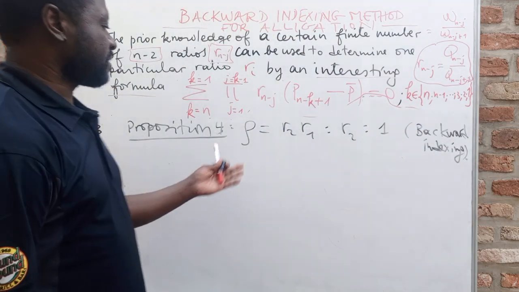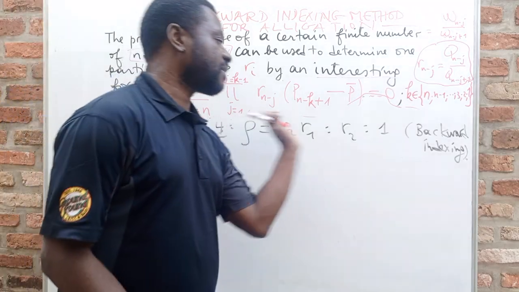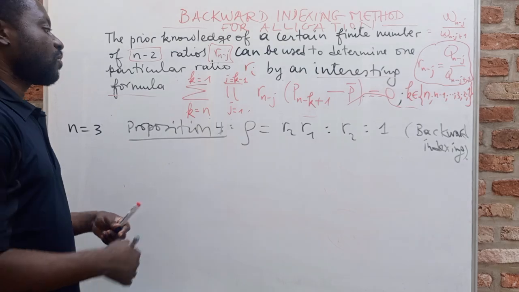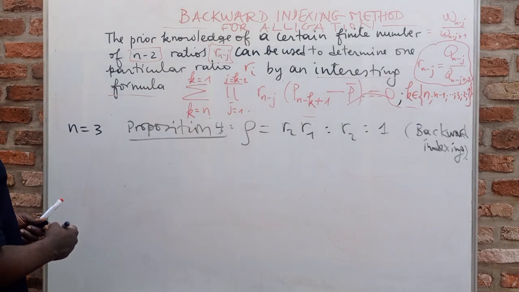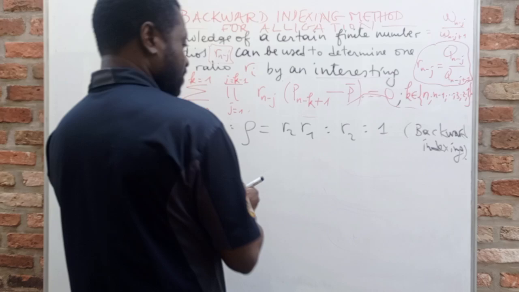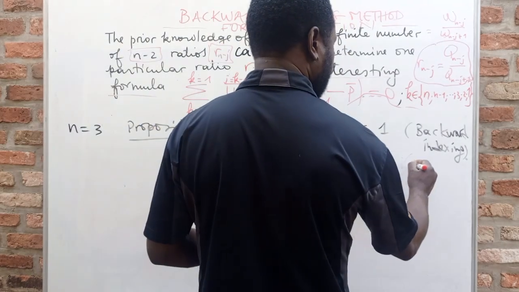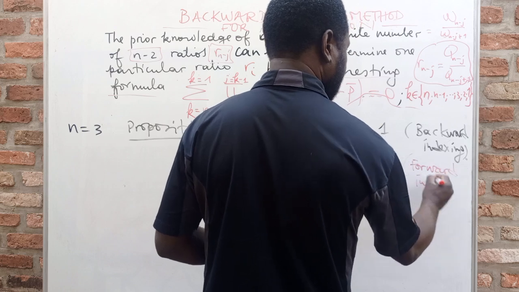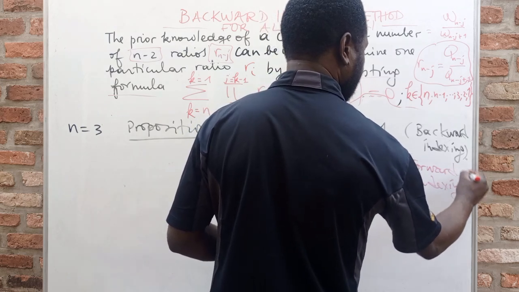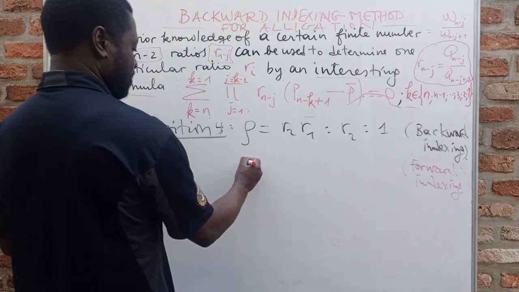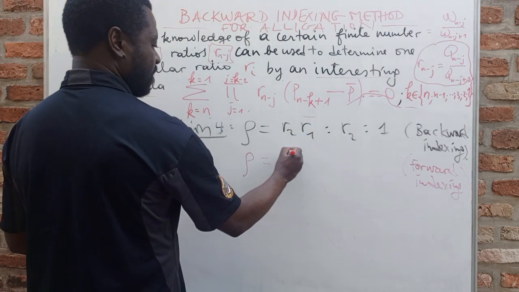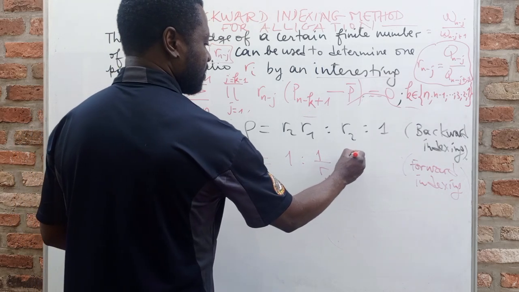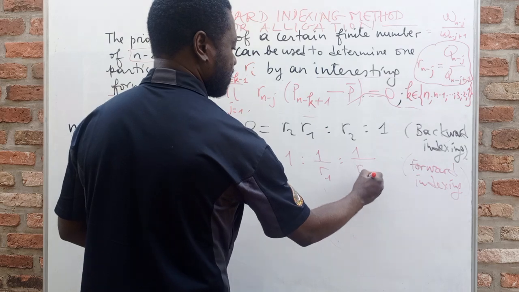Recall that because of the properties of ratios, if we divide by the same number, you get equivalent ratios. It means that if we want to remember the forward indexing method, it will become 1 here, then 1 over R1, and 1 over the product R1 times R2.